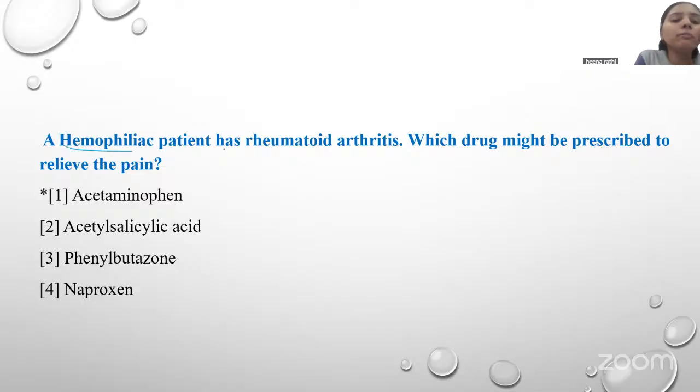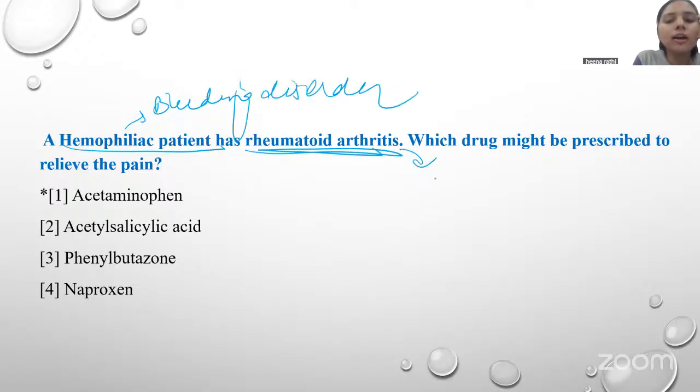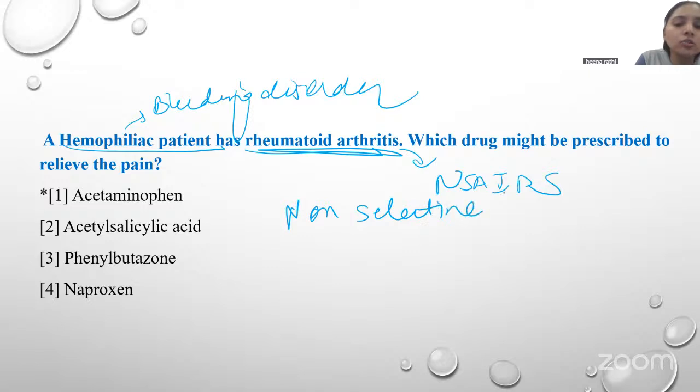A hemophilic patient, hemophilia being a bleeding disorder, has rheumatoid arthritis, so we have to give NSAIDs to relieve the pain. So which drug can we give? Because non-selective COX inhibitors are going to increase the bleeding. The patient is already hemophilic.